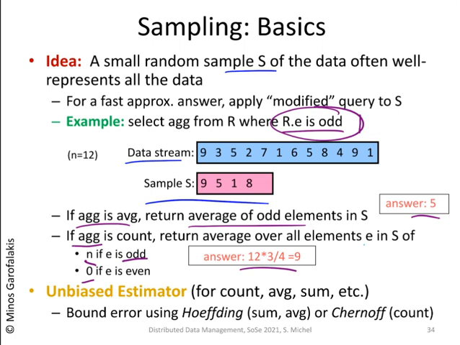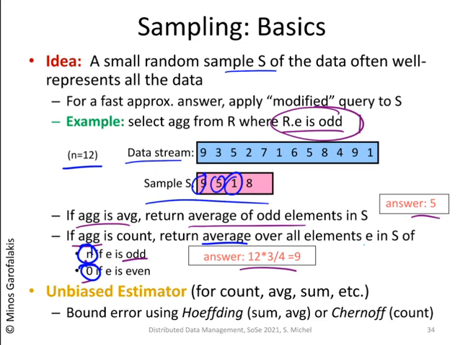So why is this? Well, n is 12, and here we look at the odd elements, so it is 9, 5, and 1. So we have 3 times the 12, and 1 time 0. So basically this is simply 3 divided by 4 times 12 as the average, which is 9.